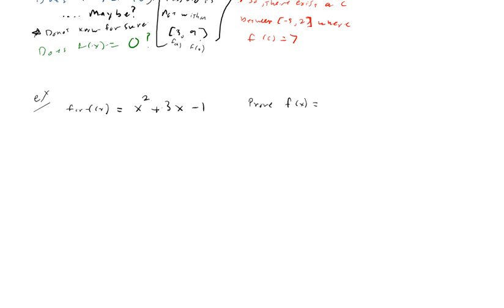Prove that if x equals 5 on the interval 0 to, let's say, 4.